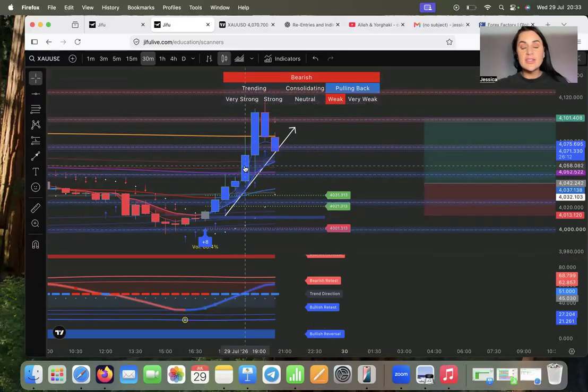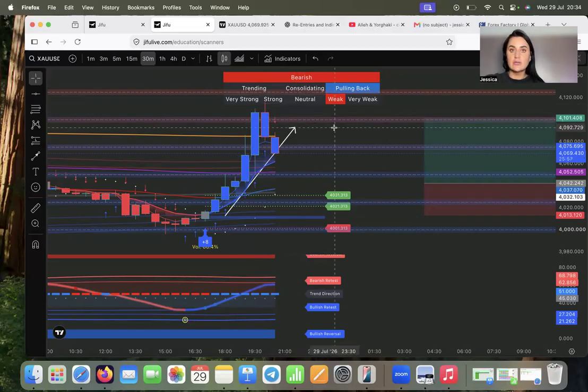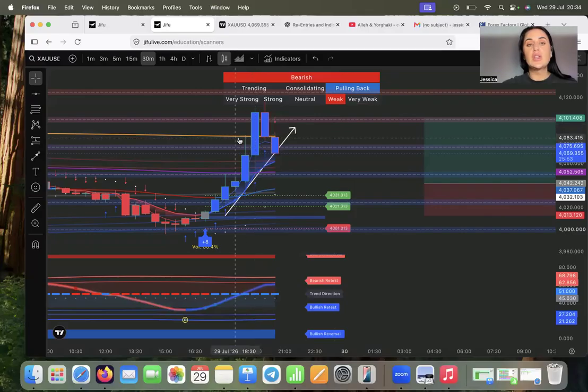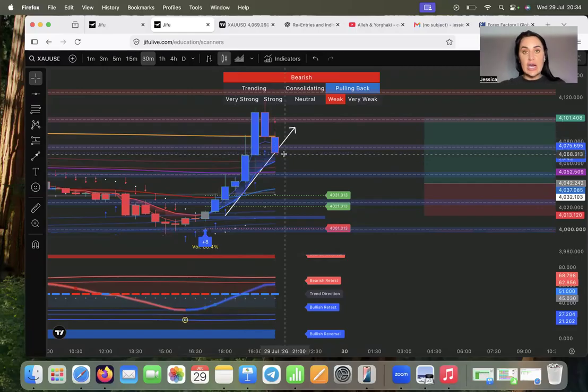It broke this, flew up to the golden EMA and actually broke that as well. So we're coming back down because we're about to fill liquidity, but it's not going to be a coincidence that it's going to carry on going in that direction. So for my advanced people, you can use your golden and purple EMAs as targets as well, because you know price is going to go there, especially if it is in the same direction as your trade.